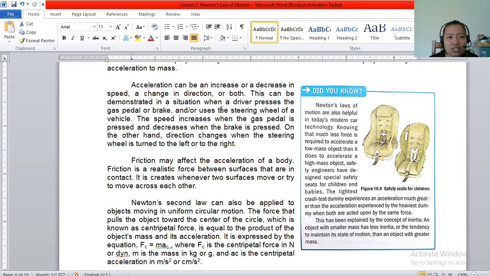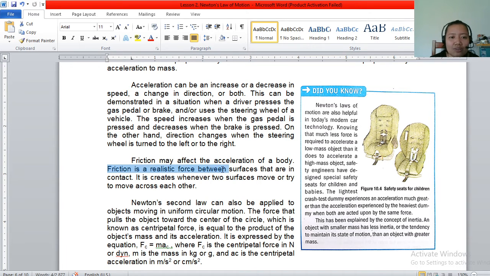This can be demonstrated when a driver presses the gas pedal, if you have driven a car or a motorcycle, or uses a steering wheel of the vehicle. The speed increases when the gas pedal is pressed and decreases when the brake is pressed. On the other hand, direction changes when the steering wheel is turned to the left and to the right.